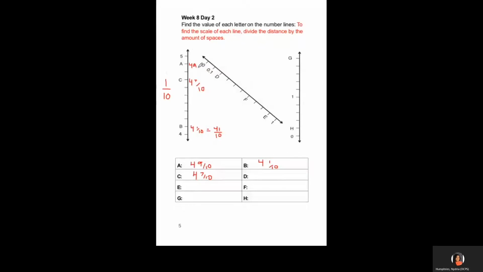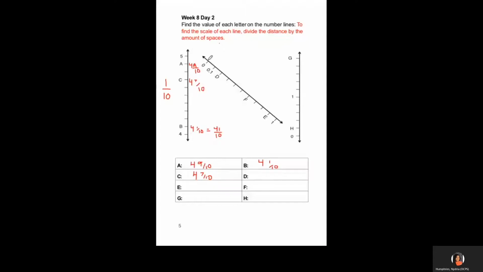All right, so now let's look at this diagonal line here. So how should we find the scale here? We find the scale by first finding the distance.